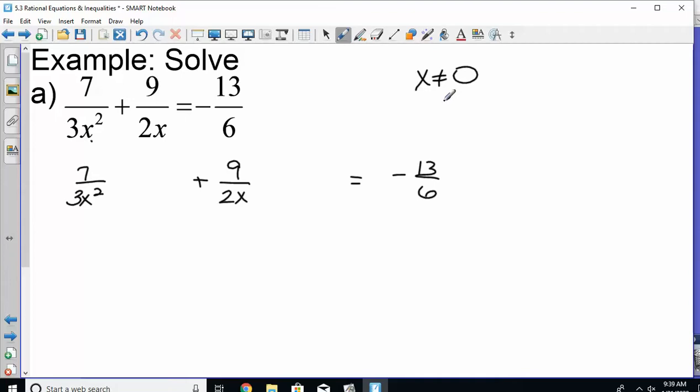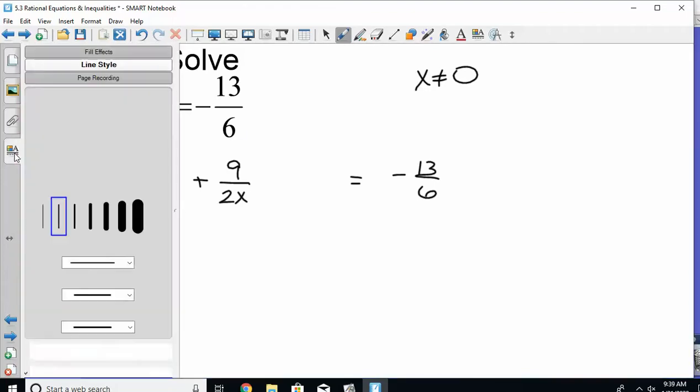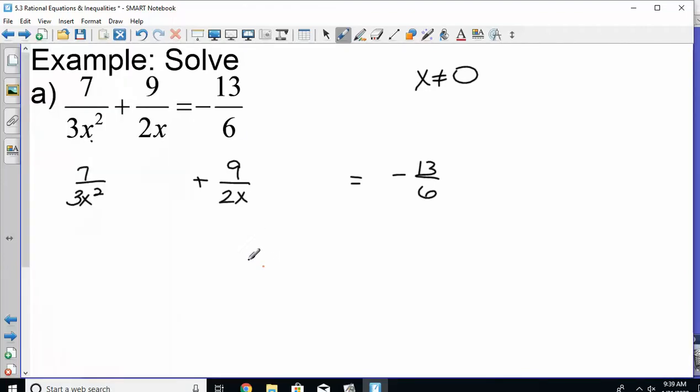Okay. Let's think about what we need to multiply by. What do I need to get rid of a 3x squared? 3x squared. So we have to take everything times the 3x squared. And that would cancel this.